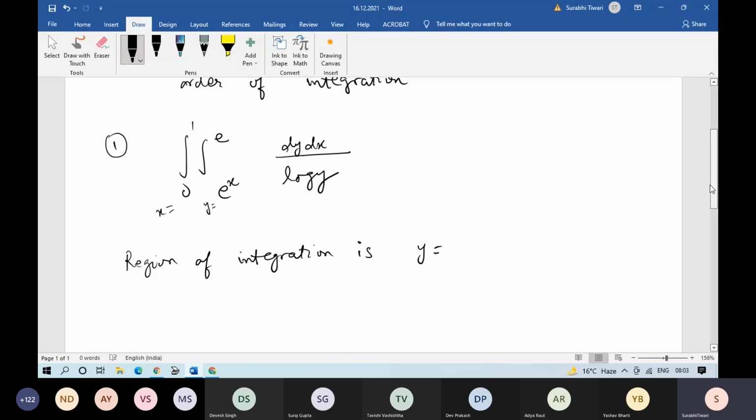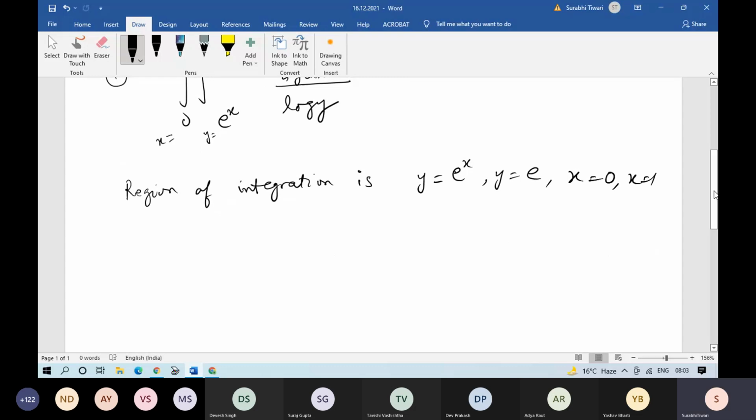So the region of integration is y is equal to e raised to the power of x, y is equal to e, x is equal to 0 and x is equal to 1. So first you plot all these curves so that we get the region of integration. This is 0, this is y is equal to e raised to the power of x, then y is equal to e.